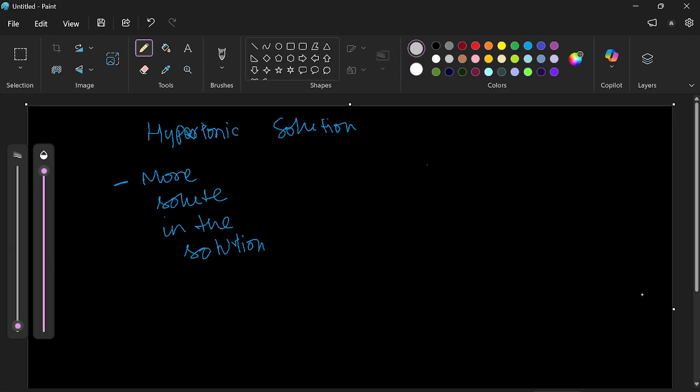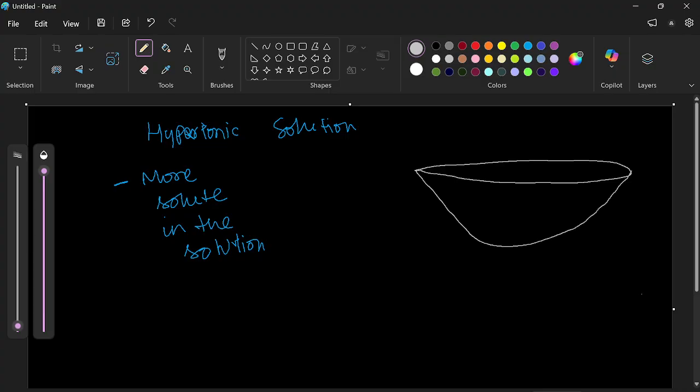Okay, so just imagine that again. I'm going to make a bowl of water. Just suppose that this is water all inside this bowl. I'm sorry, that's messy. And there is a cell placed in this water.